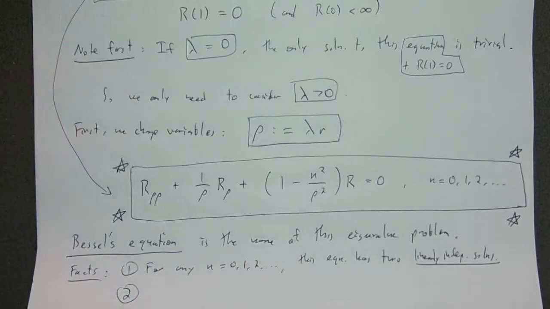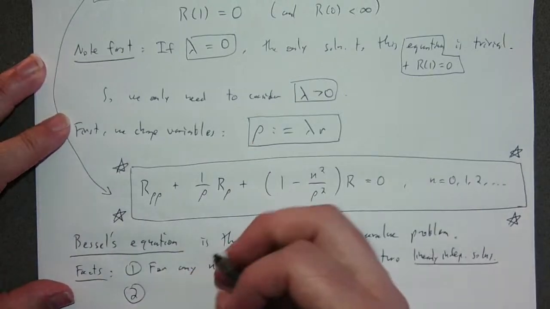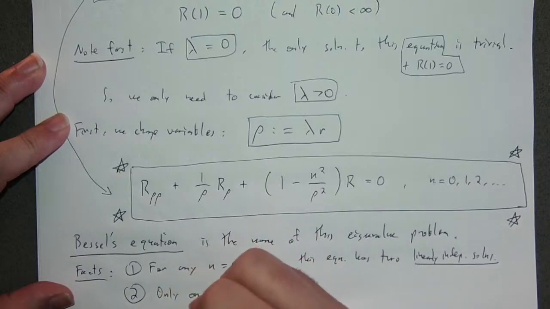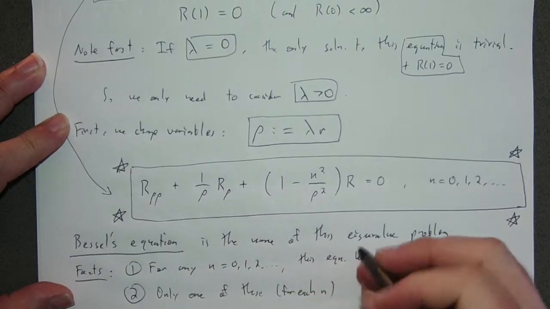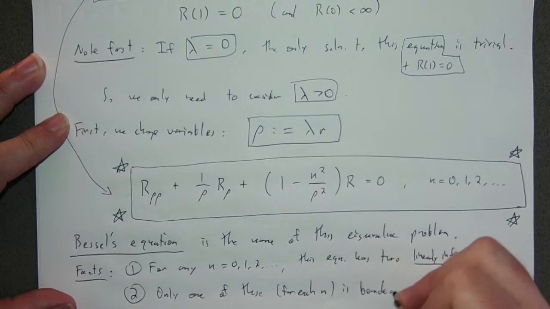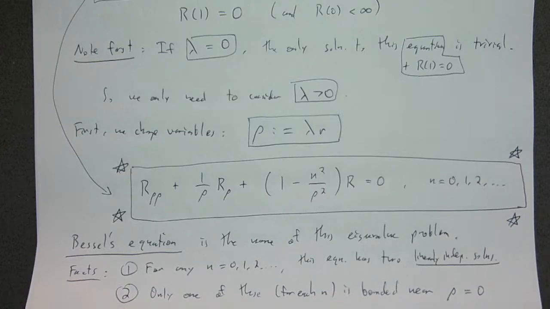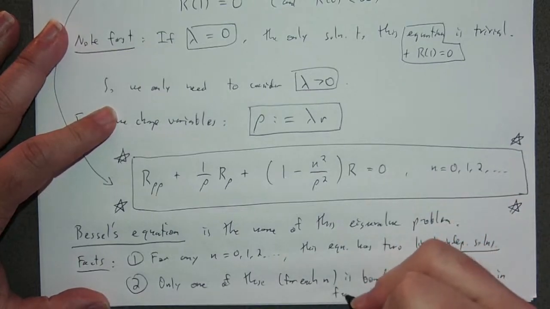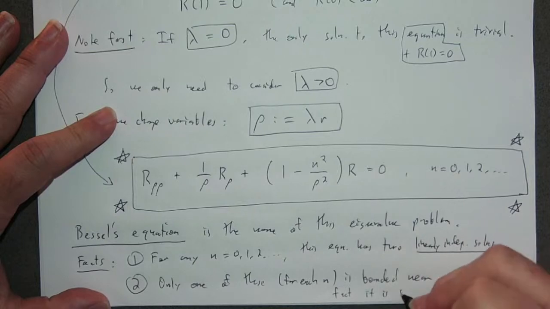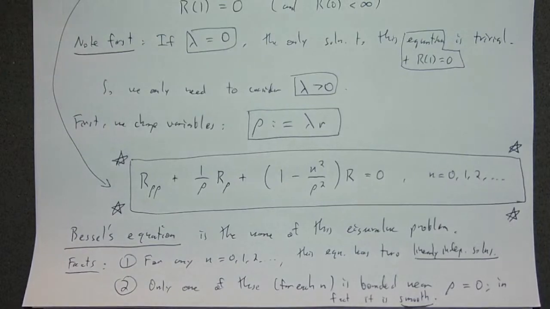Second fact, only one of them is bounded near r equals 0 or rho equals 0. Only one of these for each n is bounded near rho equals 0. In fact, this is actually smooth, which means it has infinitely many derivatives.